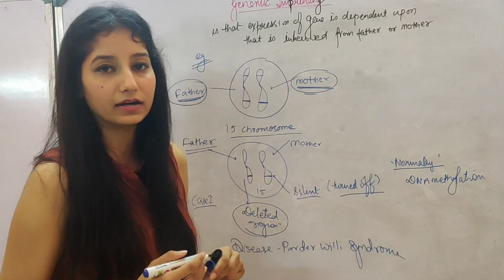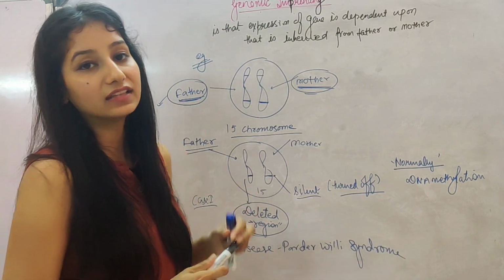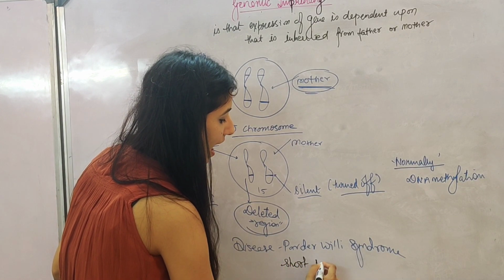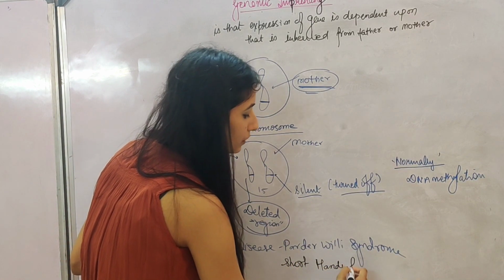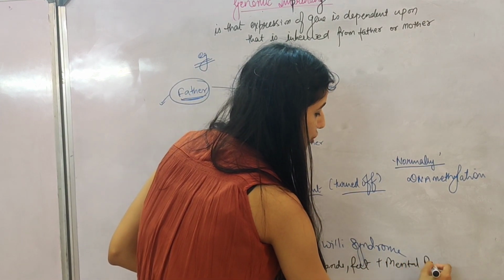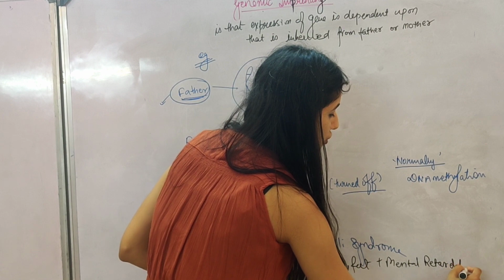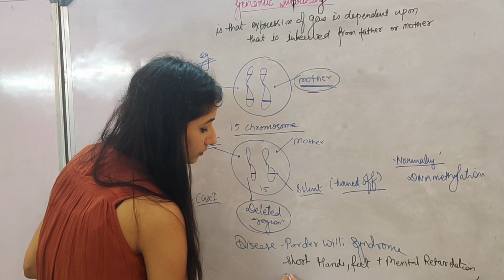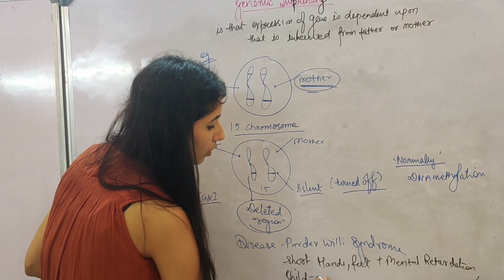What happens in Prader-Willi syndrome is that the child has short hands and feet, plus mental retardation is shown in the child, plus the child is obese.